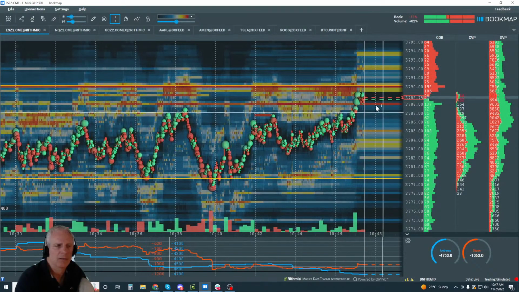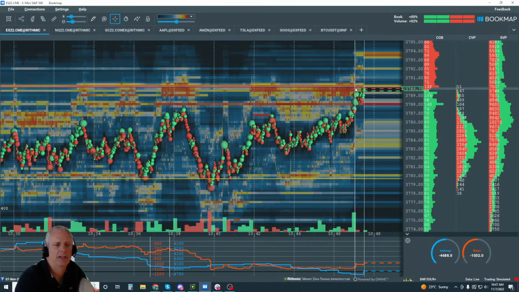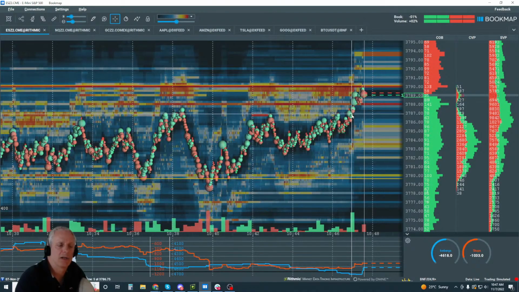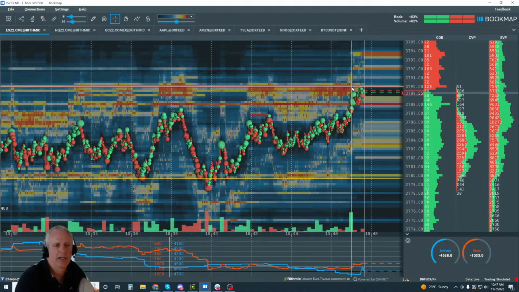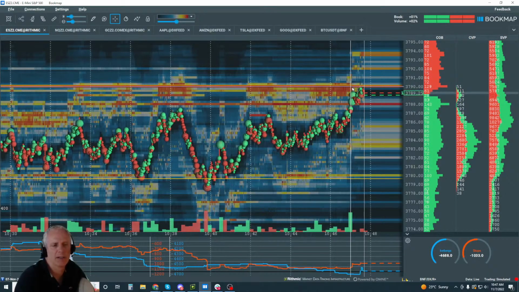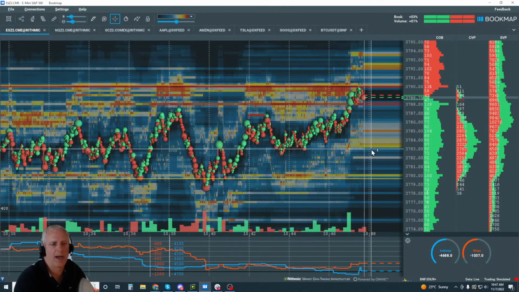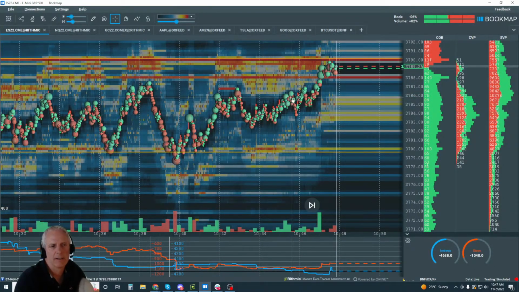In some of this chop, maybe you get yourself caught. Maybe you're looking for a bigger move, and then all of a sudden it broke out, and you didn't take some profit for a few points in here. Instead, you're holding for a bigger move, and then you add to it and add to it on the way down, and you blow your whole account out, right?